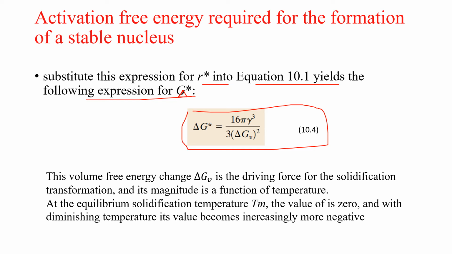If we put in the value of r star that we derived, equal to 2 gamma over delta Gv, we get the expression for delta G star, the activation free energy required for the formation of a stable nucleus. This is equal to 16 pi gamma cube over 3 delta Gv square.